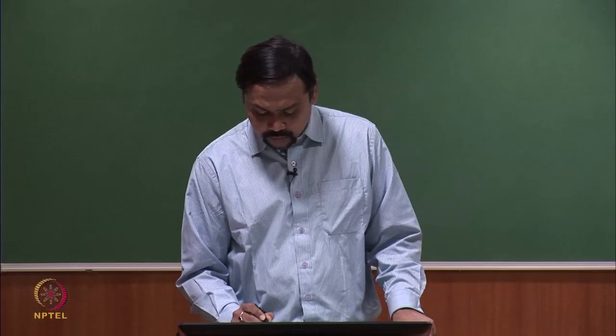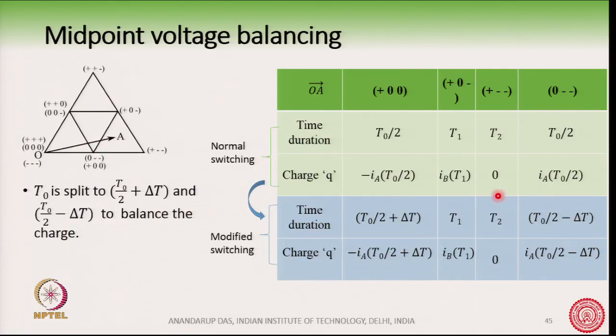So, how we do this is shown in this one. Here we see that T0 is split into T0 by 2 plus delta and T0 by 2 minus delta to balance the charge. So, what am I doing? You see here, earlier there was T0 by 2 here and T0 by 2 here.